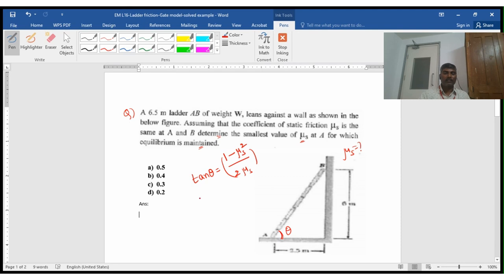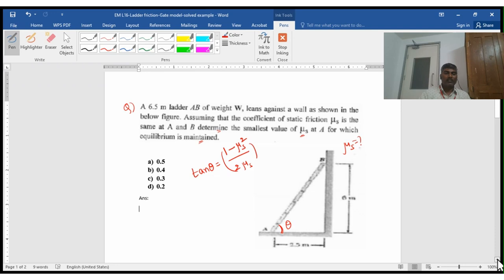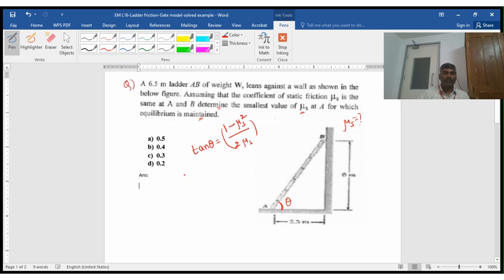Now let us verify which one is going to be the correct answer. First, let me solve the left hand side value, which is tan theta. So opposite side, which is 6 meters here, 2.5 meters here. It's a given dimension, 6.5 meters.